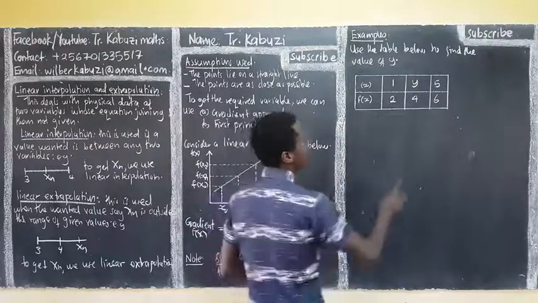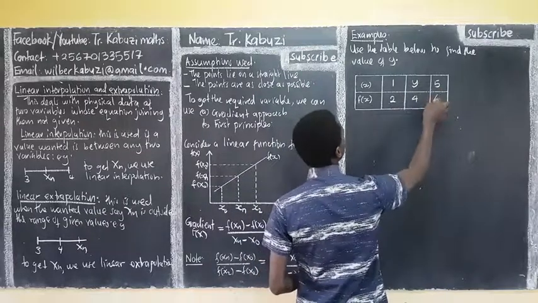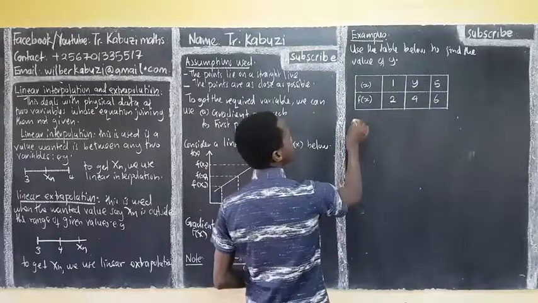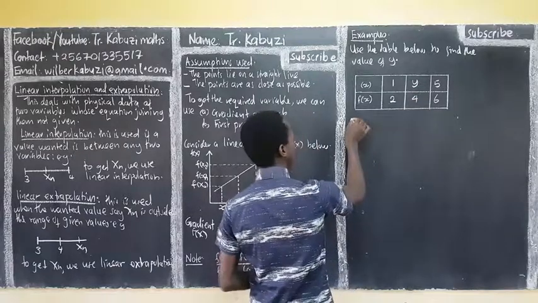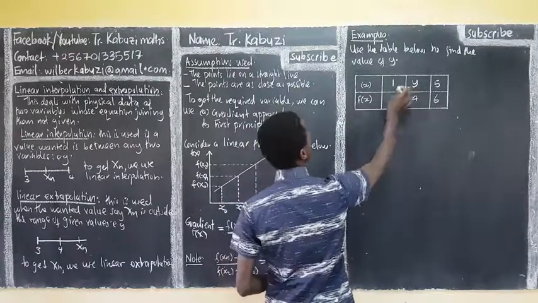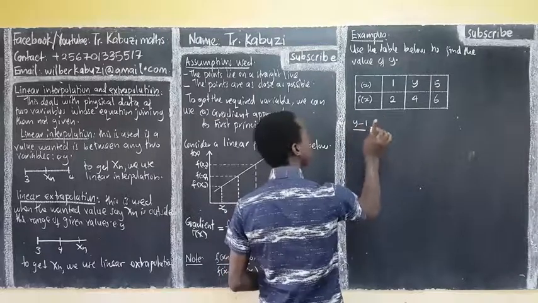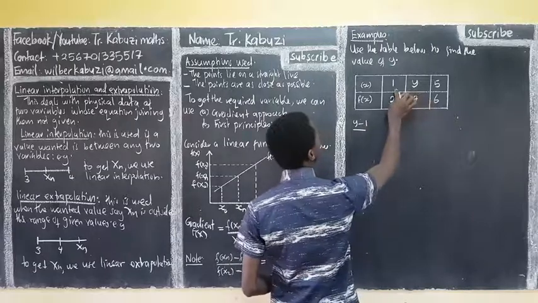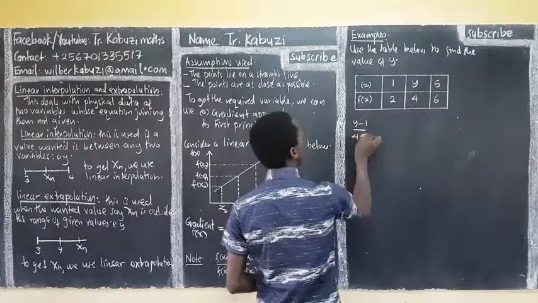So what am I going to do? I'm going to set y. Now I take this set and this, then also this and this. So I say y minus 1 over the corresponding, you be careful, 4 minus 2.